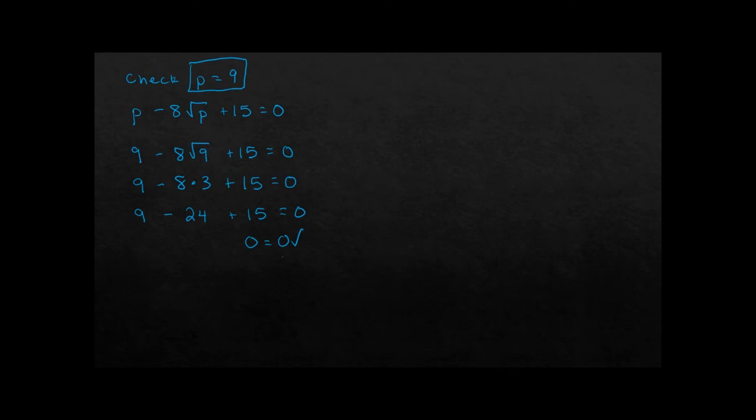And we need to also double check p equals 25, because that was the other number that we got. So again, I've got the equation over here on the left, so I'm not going to rewrite it. We have 25 minus 8 times the square root of 25 plus 15 equals 0. So 25 minus 8, and then the square root of 25 is 5.